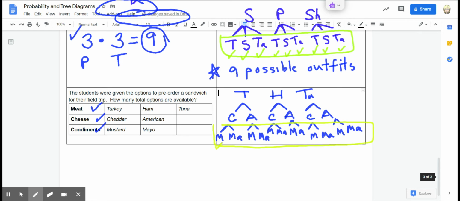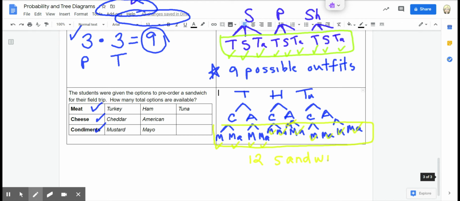And we have 1, 2, 3, 4, 5, 6, 7, 8, 9, 10, 11, and I'm missing one here, 12. 12. Sorry about that. And that's why you give yourself plenty of room. 12, which makes sense. We have 12 possible sandwiches.